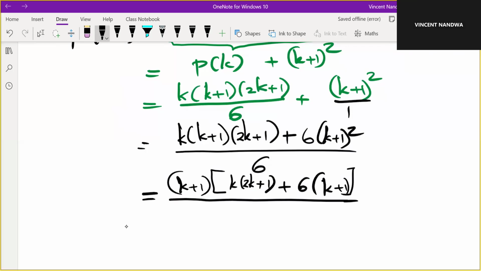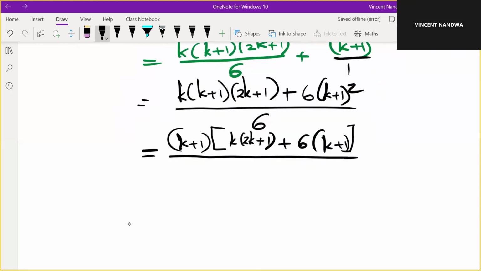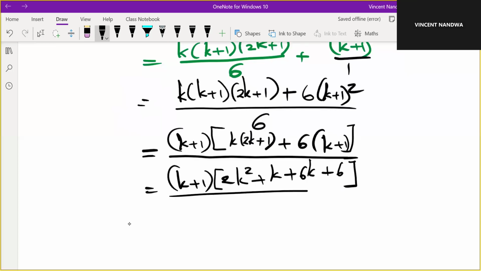What you do now, you open these brackets, leaving k plus 1 outside. So k times 2k, 2k squared, k times 1, k, 6 times k, 6k, 6 times 1, 6, and then divided by 6.